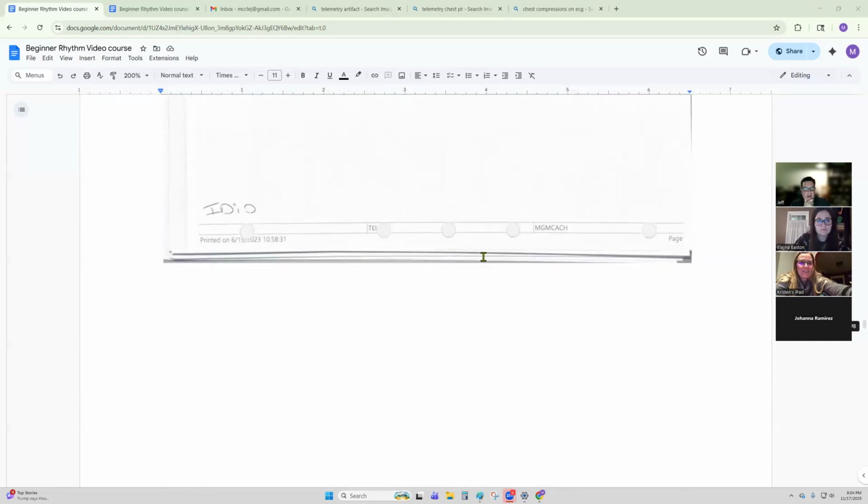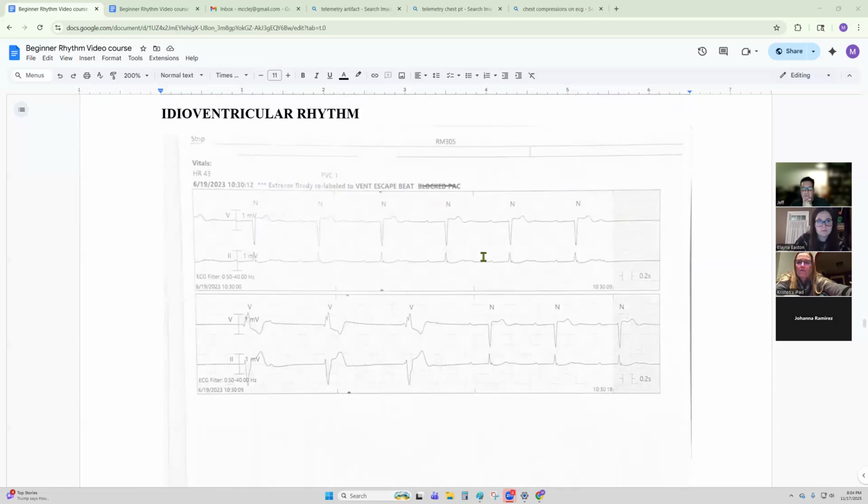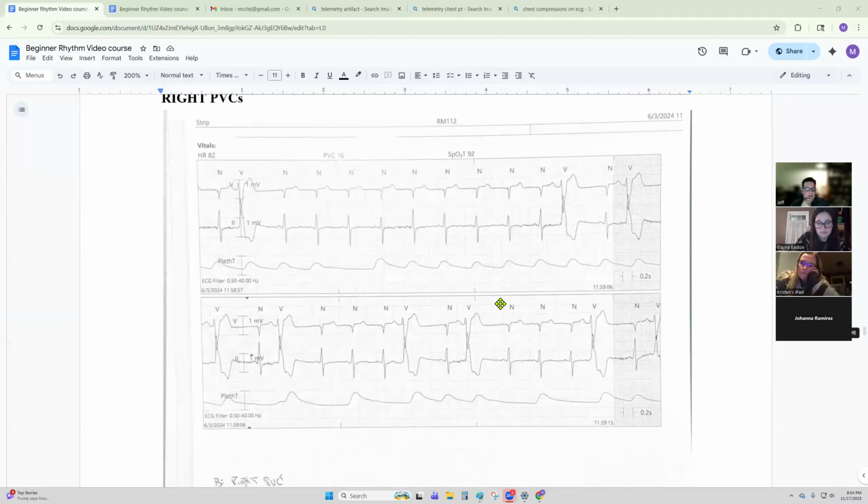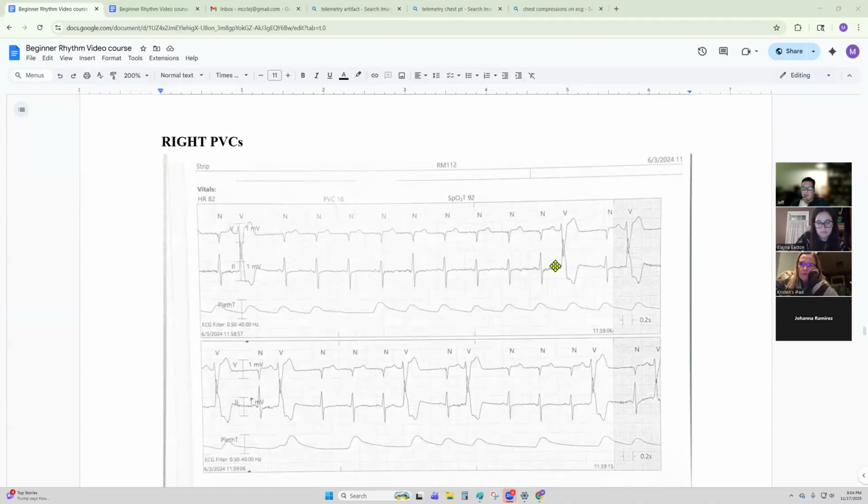Like we said a minute ago, PVCs, premature ventricular contractions, are excited cells in the ventricles that just want to go first. So you have a bigger, wider QRS complex. It's early, with a little compensatory pause after the fact. And then VTAC is just a bunch of PVCs in a row. Instead of one, you get a bunch of them.